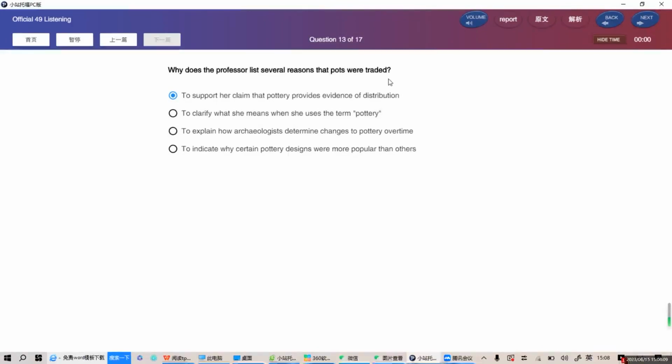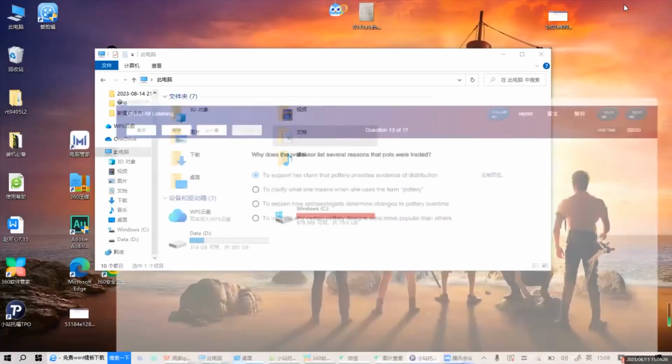You need to be careful. You need to be alert because it's likely that there will be a question related to the reasons. Okay. And here, it talks about the pots were traded. Let's check.